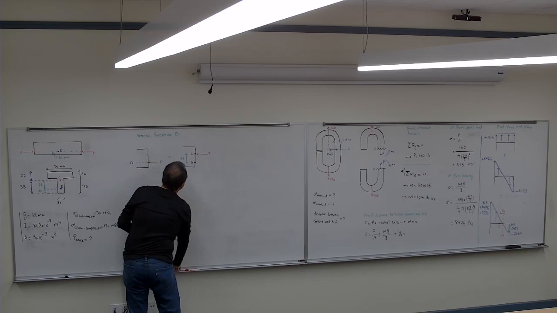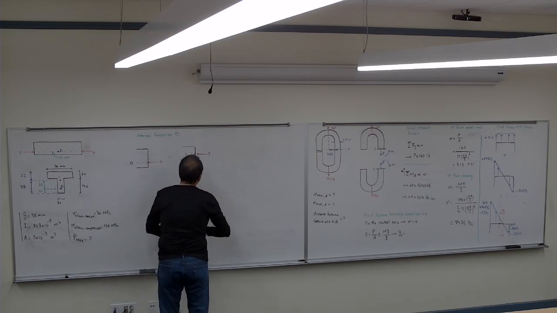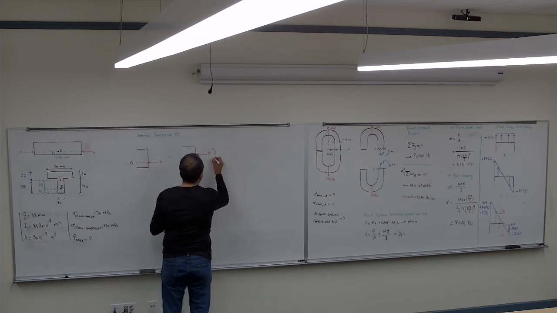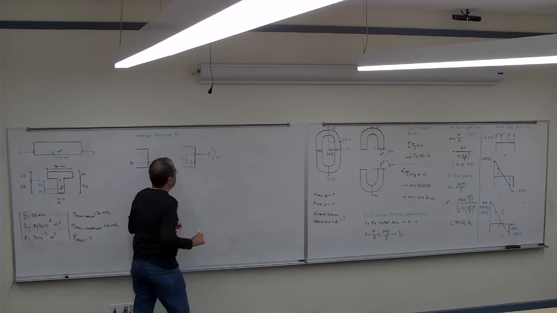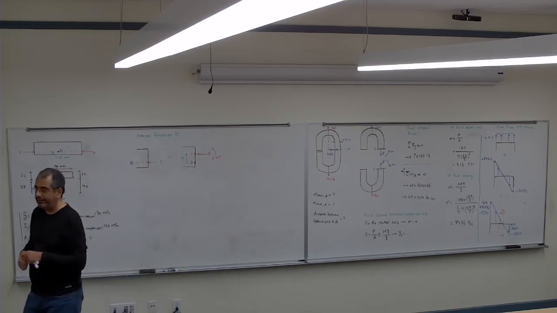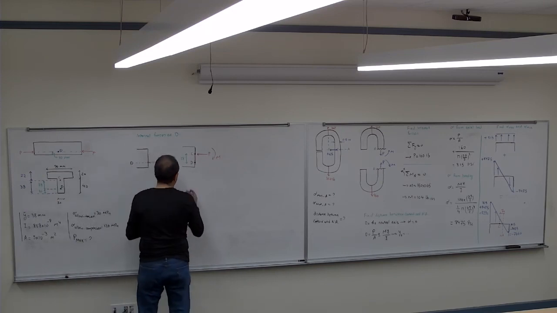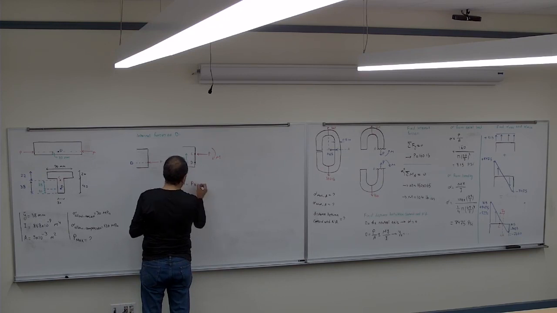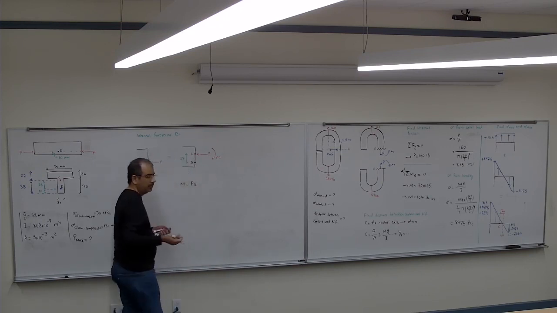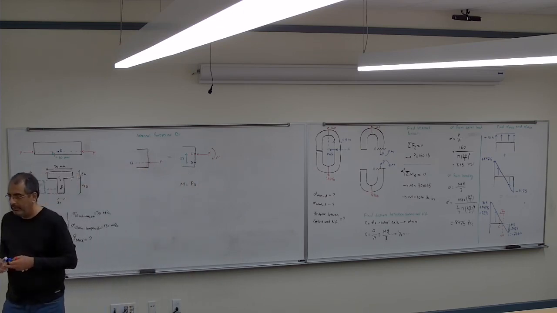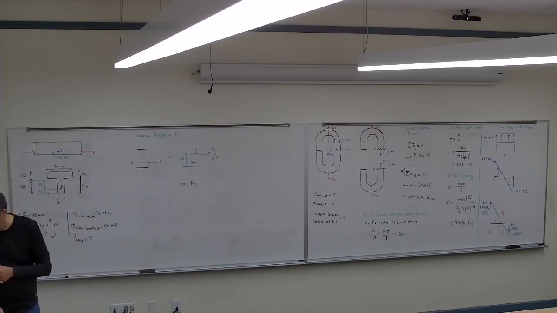So I have to add the M as that here. And how much is that M? The M is P times 28, or 0.028, okay?